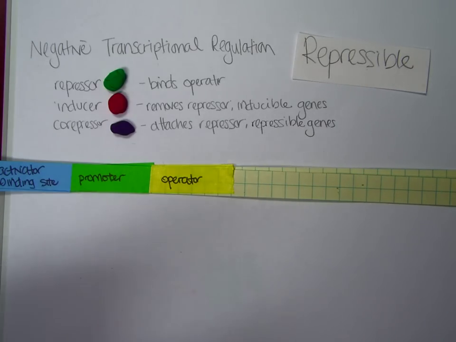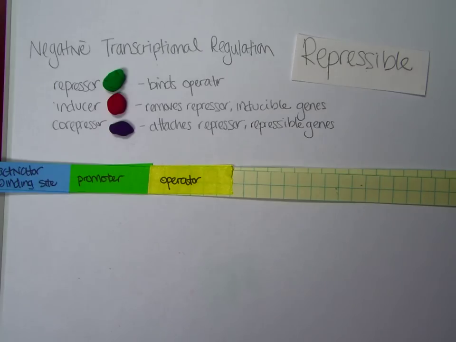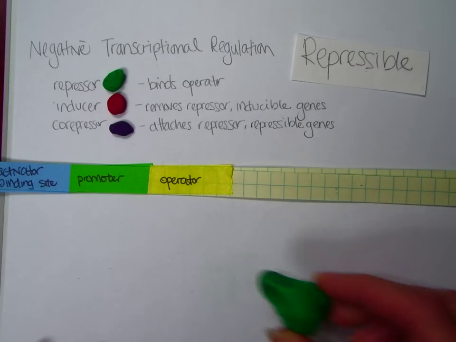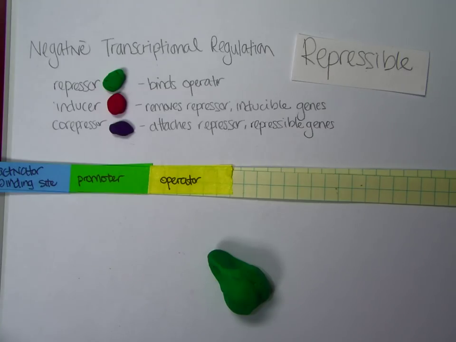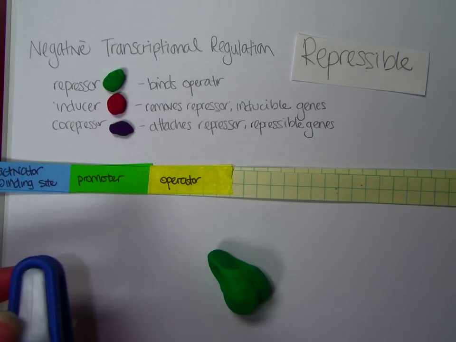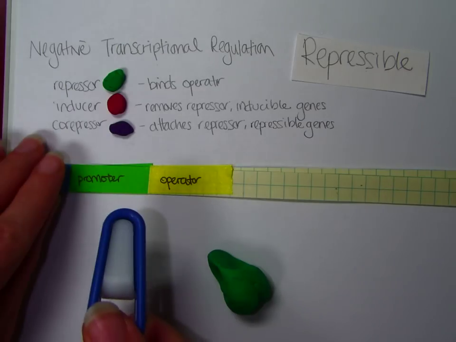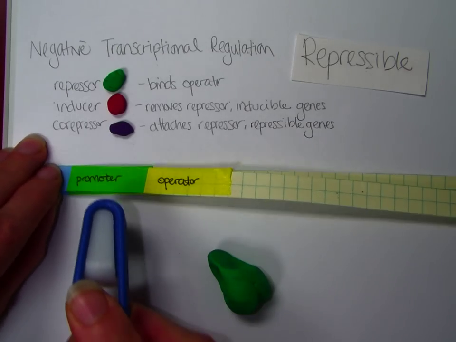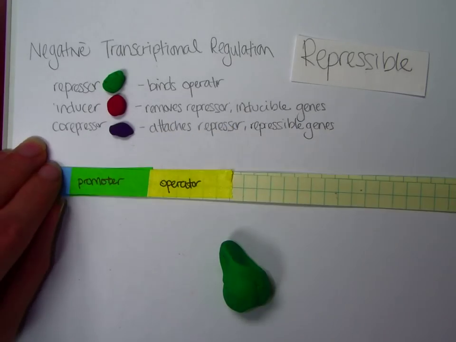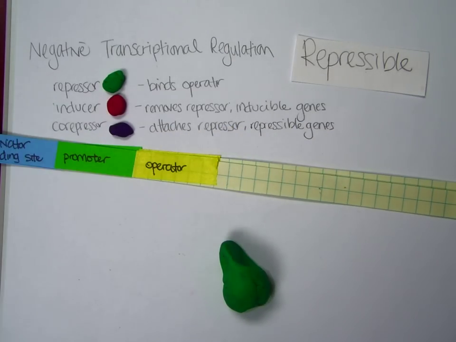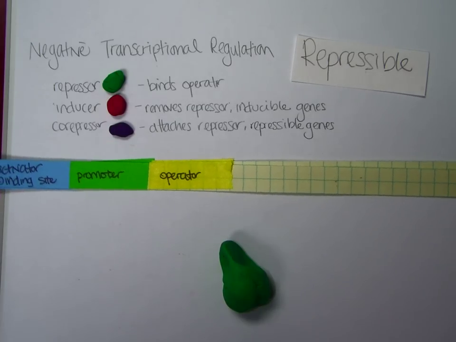But normally, if we have a repressible gene that's regulated by negative transcriptional regulation, we're going to start out with the repressor in the cytoplasm, such that the sigma factor and RNA polymerase will be able to bind to the promoter and transcribe the gene, and then we'll be able to translate that transcript into the enzyme and then make whatever product we need.